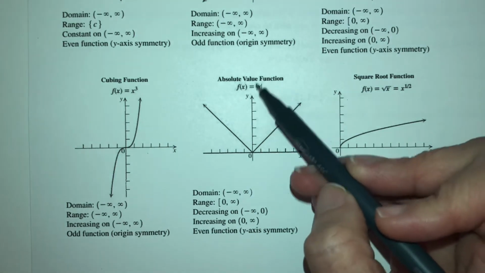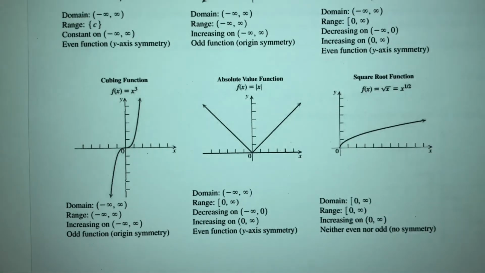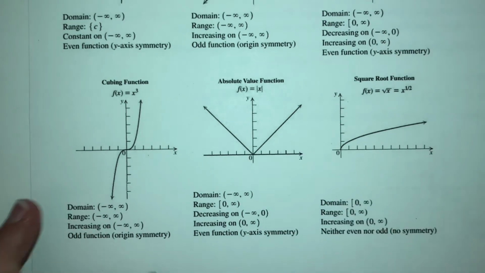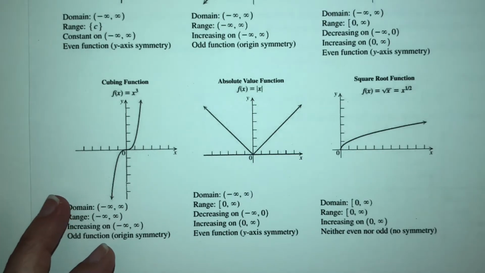We have the absolute value function, which comes to a sharp point, one of the few basic graphs that we have like that. And actually, when things come to a point, that can cause some problems in calculus, so you may want to just keep that in mind.